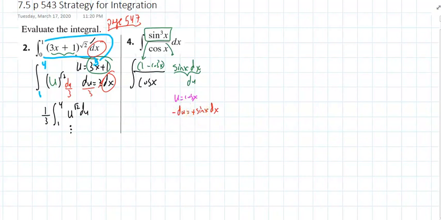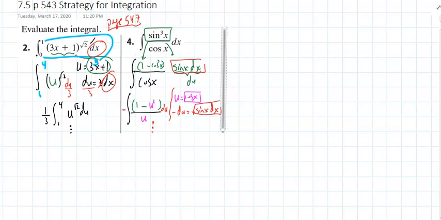So this becomes the integral, and if I take that top portion, that's 1 minus u squared all over u, and my sine of x dx is simply negative du, and I could split those up, integrate, and go from there. Don't forget to resubstitute u back into the equation when you're done.